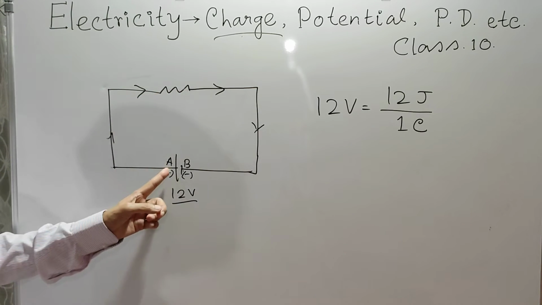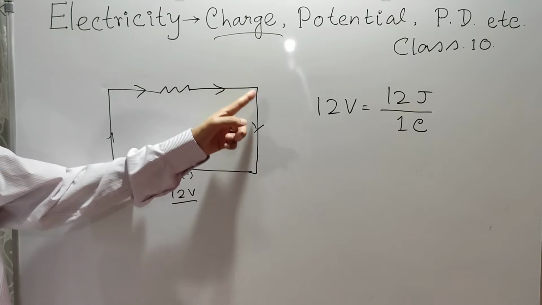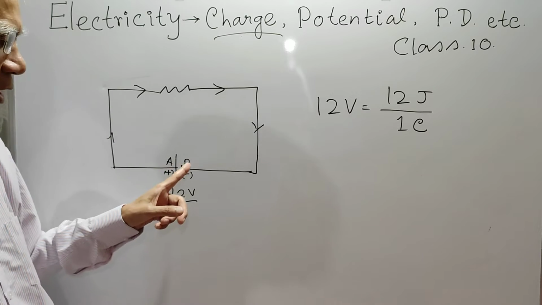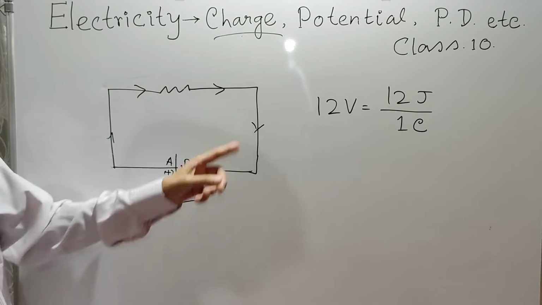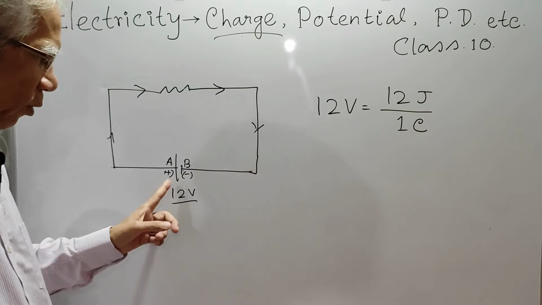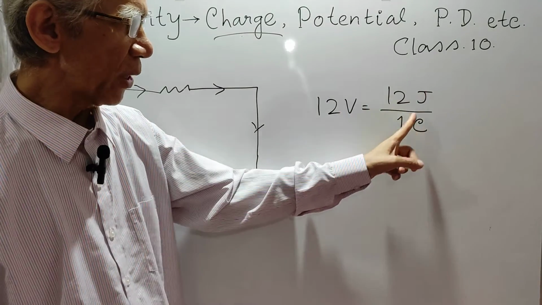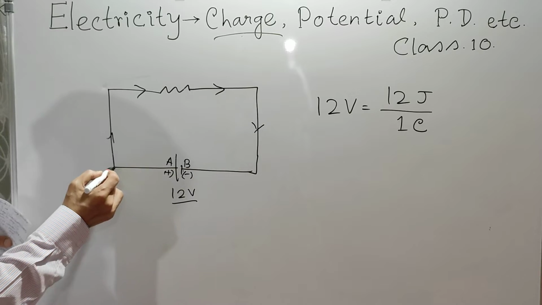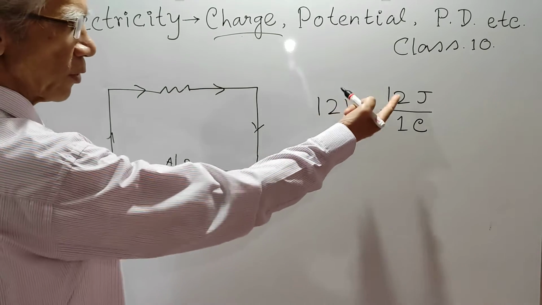The bulb will glow because this battery is giving current to the bulb. The battery is doing the work of pushing the current. Now the battery is doing work at what rate? 12 joule per coulomb. So to push 1 coulomb of charge, the battery is doing 12 joules of work.